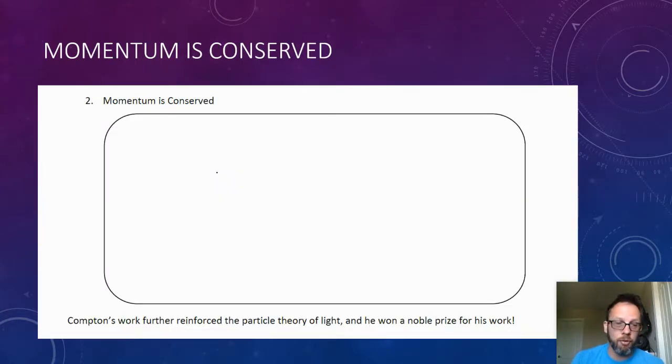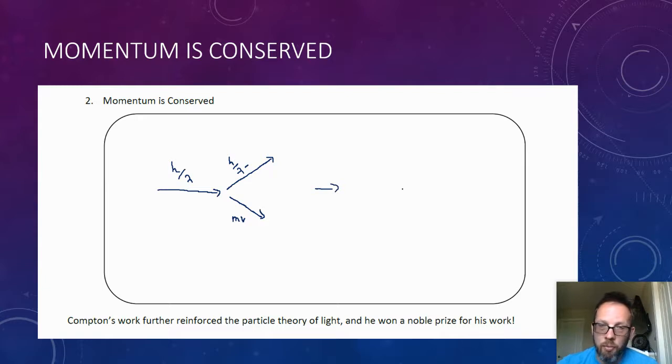To see if this is true, Compton went back and looked at the momentum. So we had some X-rays with certain momentum, h over lambda. And then we had this lower energy X-ray going that way, and its momentum would be h over lambda prime, some new wavelength. And then the electron had some momentum down this way.